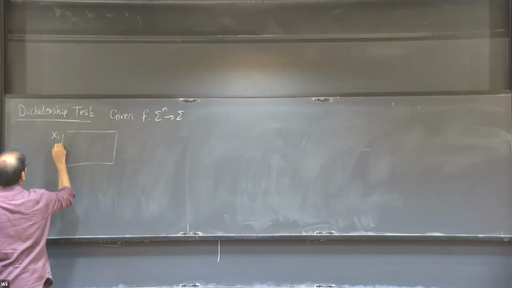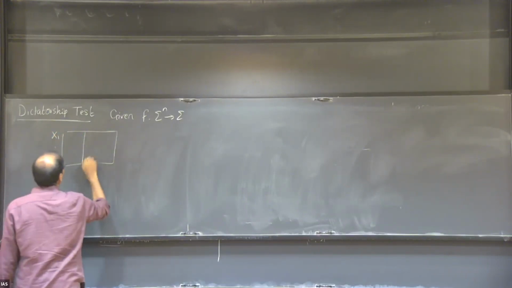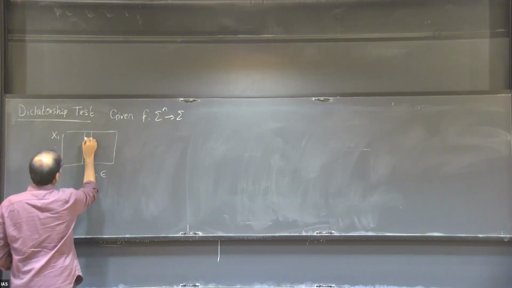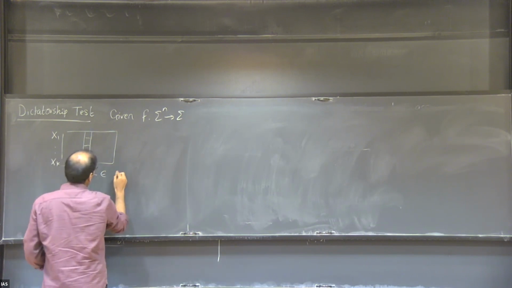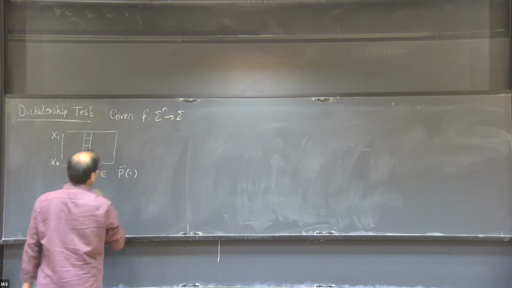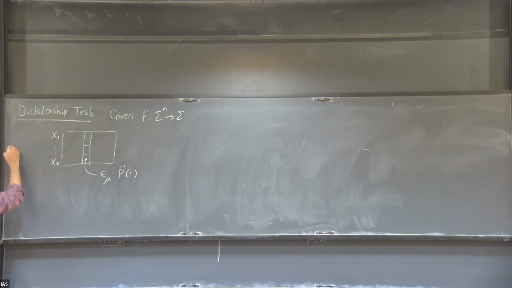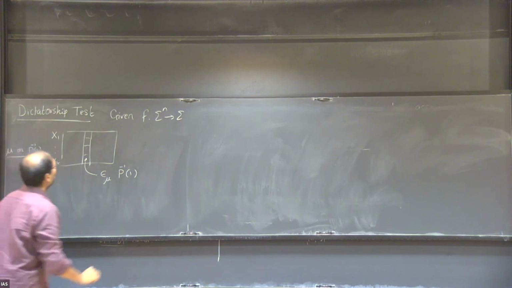You construct this k cross n matrix exactly as before, where every input column you choose to be a satisfying assignment of the predicate, but from some distribution mu on the set of satisfying assignments, which you choose beforehand.